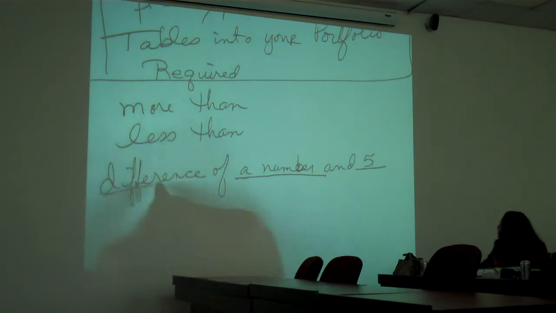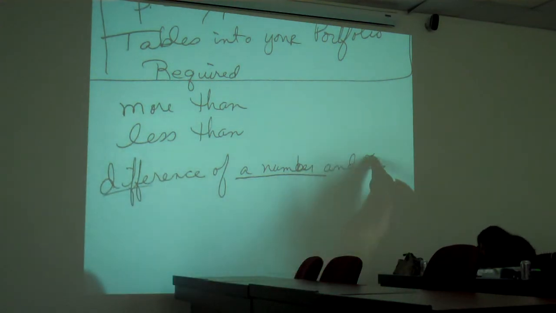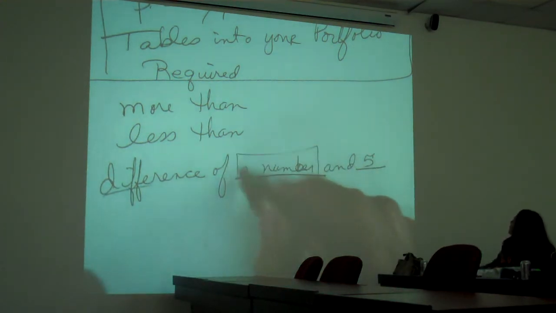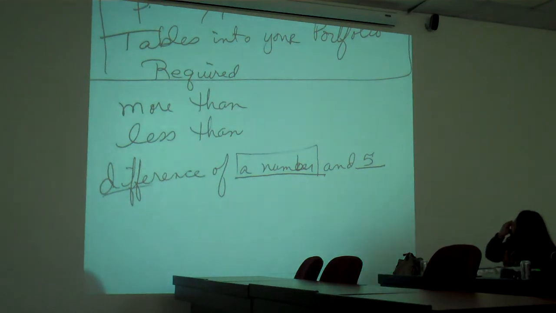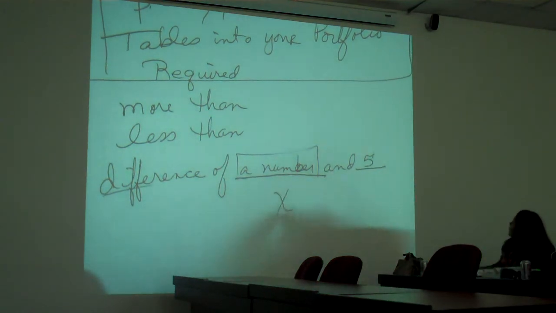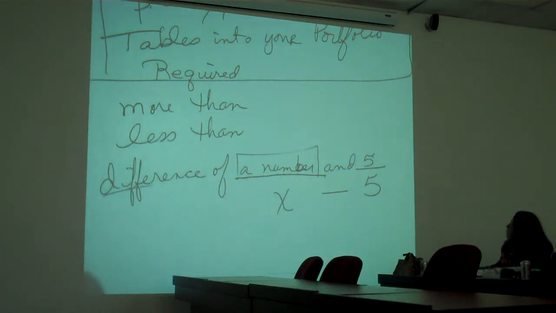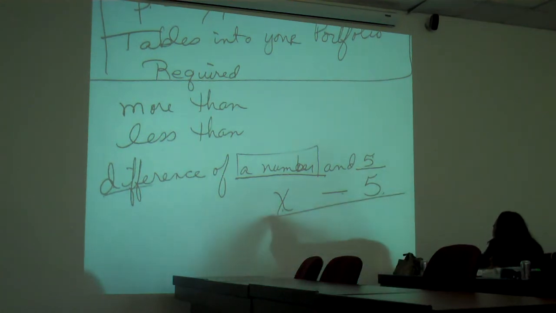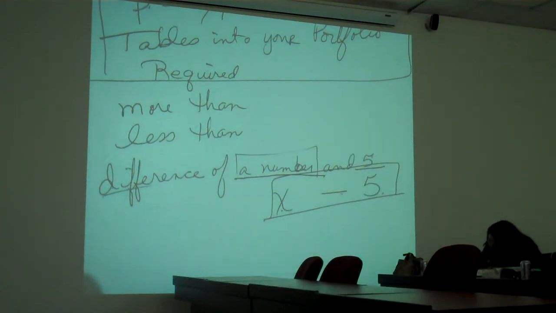So you're subtracting a number and 5. You could put any letter for a number. And the difference of it would be a number minus 5. X minus 5 or n minus 5. You can put any letter. This would be the difference of a number and 5.